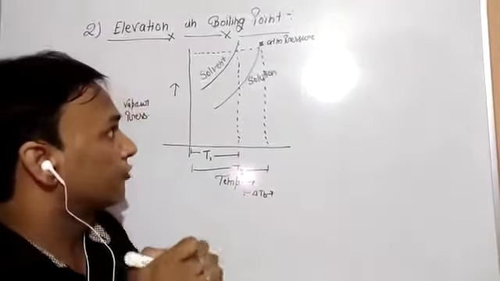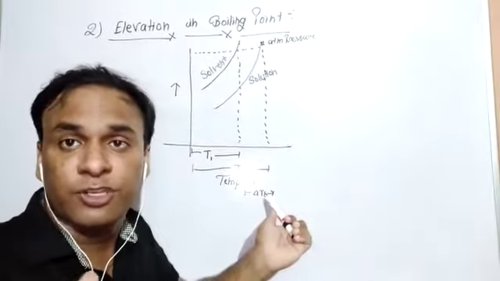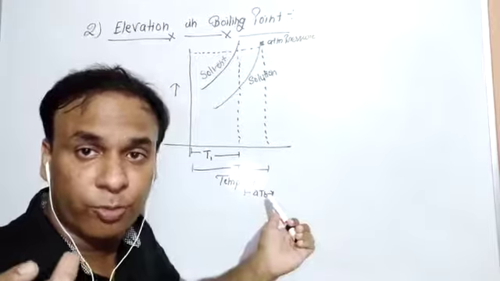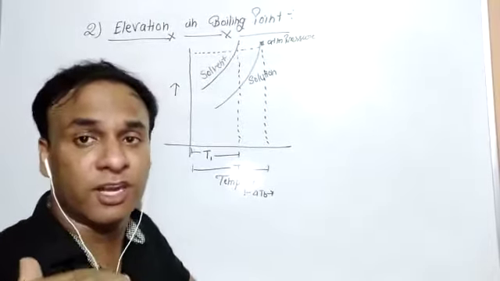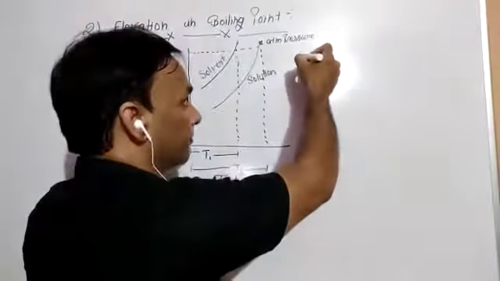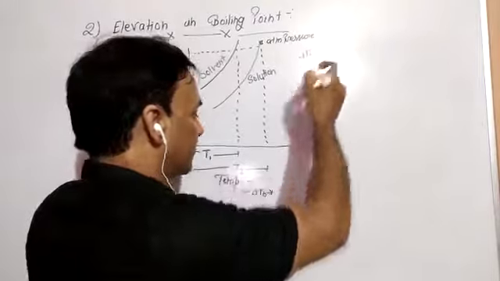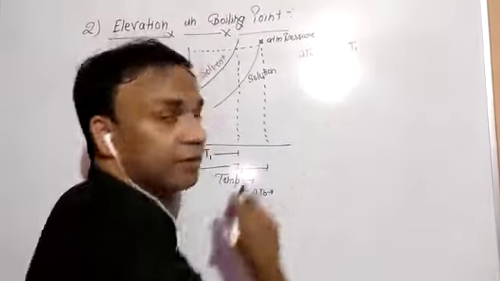Now the difference between the temperature of the solution and the solvent is called delta TB, which is called the elevation of boiling point. Means the increase in the boiling point of the solution is called the elevation of boiling point. Delta TB is equal to T2 minus T1. Clear?